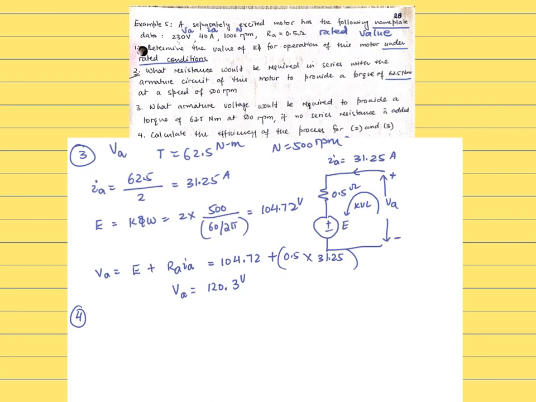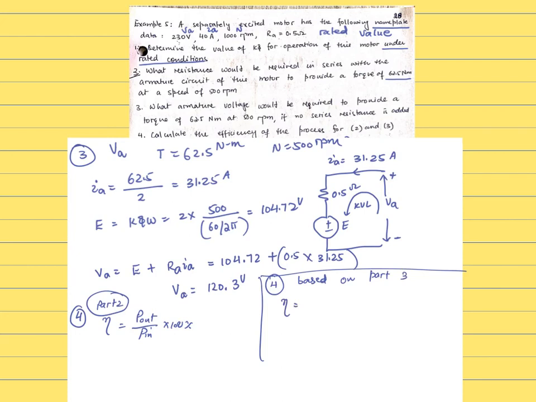So let's say we're calculating the efficiency for part 2, P output over P input. Here I'm going to say for part 3. We're solving for part 4, but based on part 3.